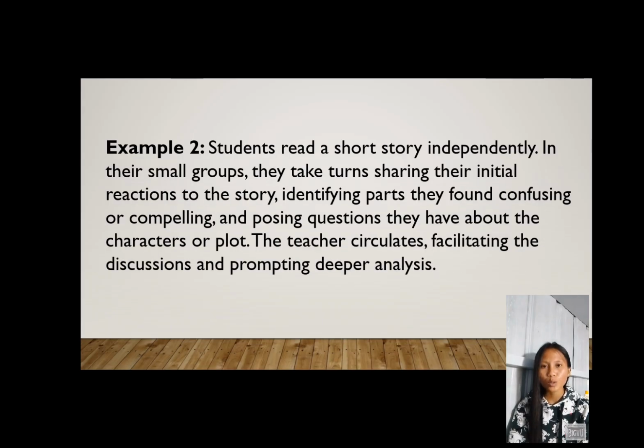Example number 2. Students read a short story independently in their small groups. They take turns sharing their initial reactions to the story, identify parts they found confusing or compelling, and pose questions they have about the characters or plot. The teacher circulates, facilitating the discussions and prompting deeper analysis.